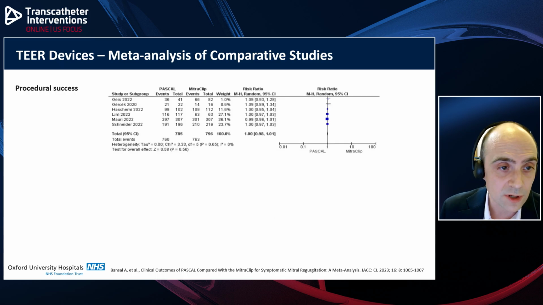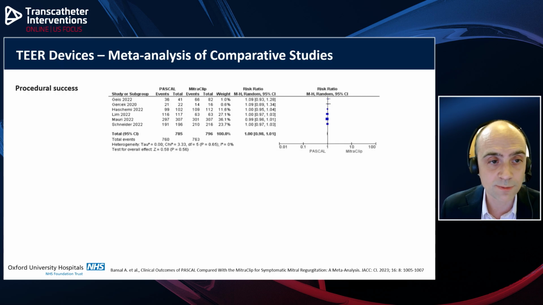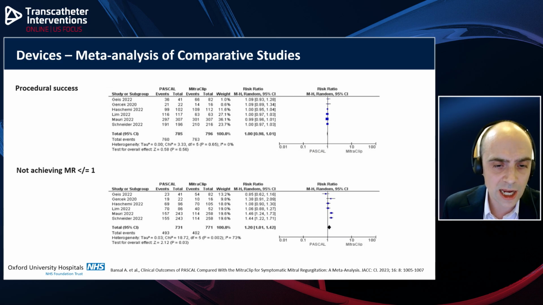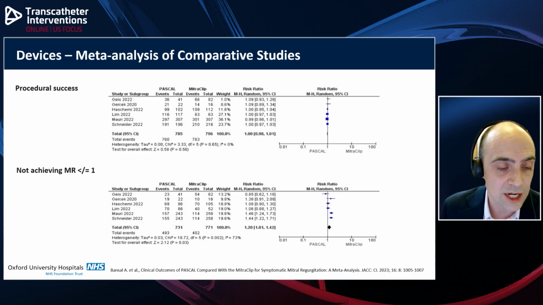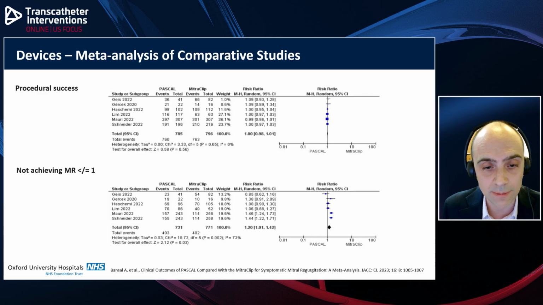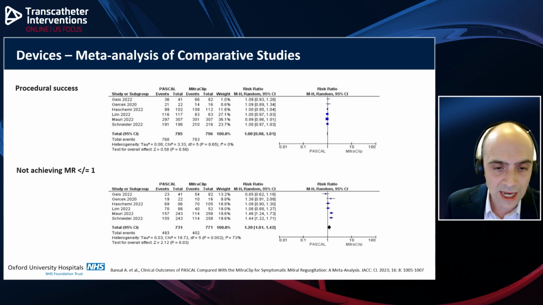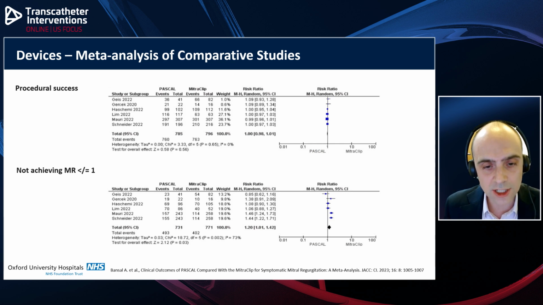There was no significant difference in procedural success between the MitraClip and Pascal device, and just a slight trend towards not achieving MR grade less than or equal to 1 in the MitraClip arm, with a risk ratio of 1.2. But importantly, with the caveat that this is observational data, it's likely not adjusted for differences in the 2 arms, and there's quite a lot of study heterogeneity. No differences in mean gradient, no differences in the rate of SLDA.